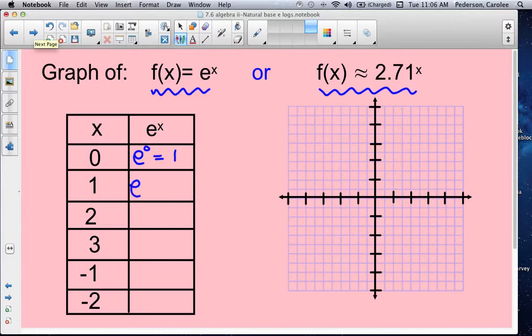Now let's substitute 1 in. e raised to the 1 is e, which is approximately 2.71. Then we'll go e to the 2. e to the 2 is the same thing as 2.71 times 2.71, or e squared, and you get approximately 7.3.